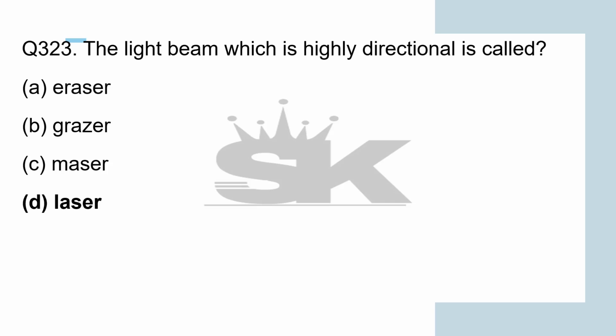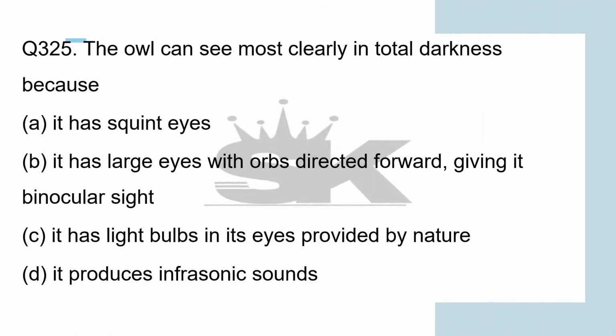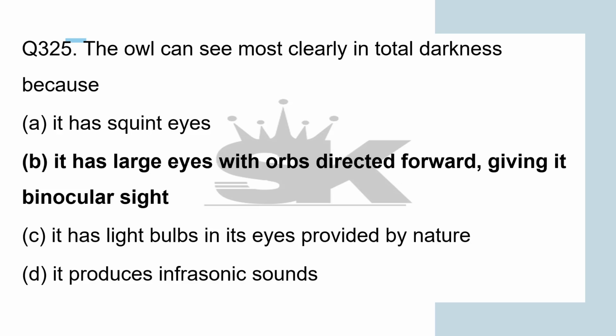Okay, woolen cloth protects the body from cold because it is a poor conductor of heat. Okay, the owl can see most clearly in total darkness because it has large eyes with orbs directed forward, giving it binocular sight. Okay, that is option B.